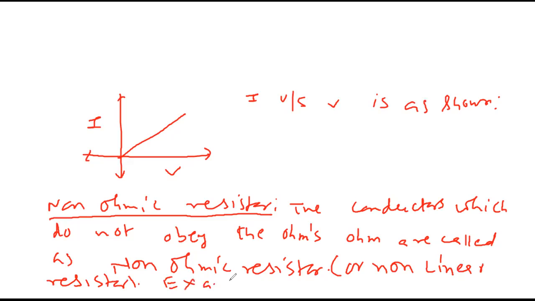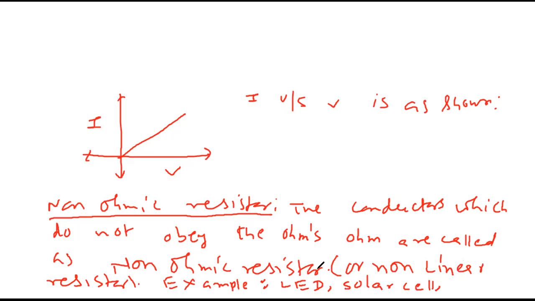Examples: LED, that is light emitting diode, solar cell. These are all actually called semiconductor devices. At higher temperature they are conductor, at lower temperature they are insulator.